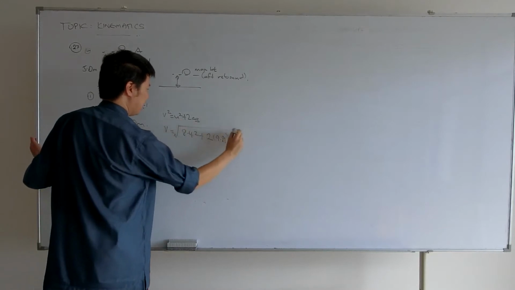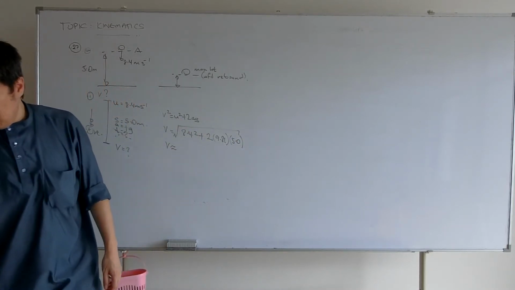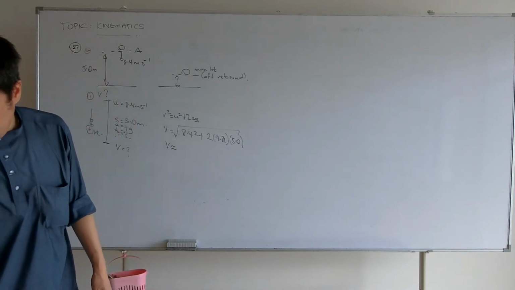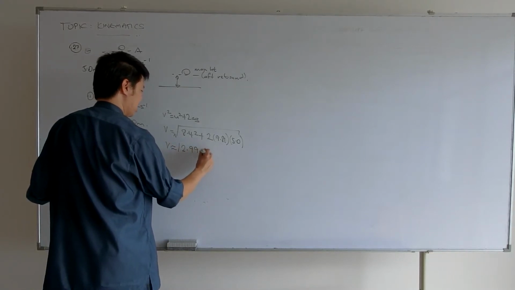Square root the whole thing, and you should get a value. I'll give you a few seconds to calculate while I check the value for you. You should get a value of around 12.99 meters per second.